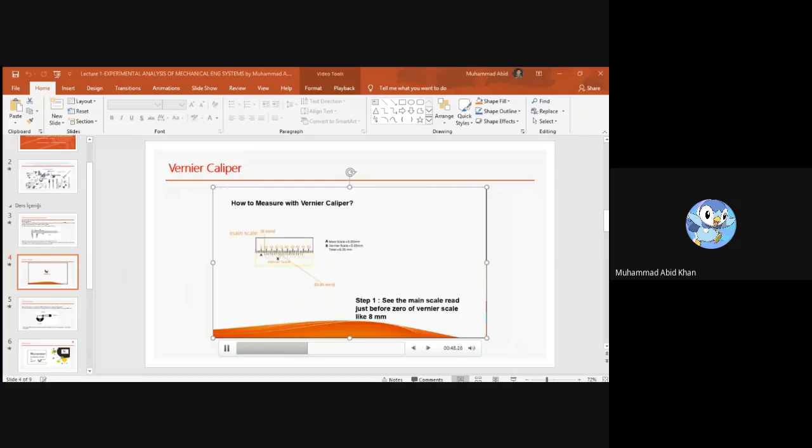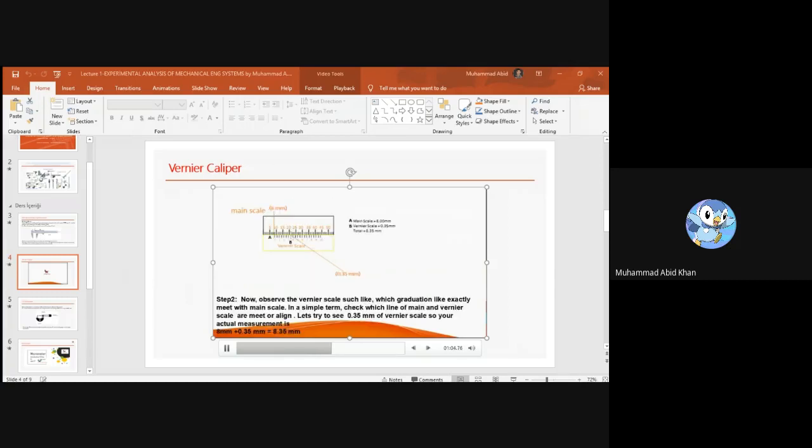And now let's see how to measure with the vernier caliper. Here we have two steps, and the first one is the main scale reading. See the main scale reading just before zero of the vernier scale, like 8 mm. In the next step, observe the vernier scale.